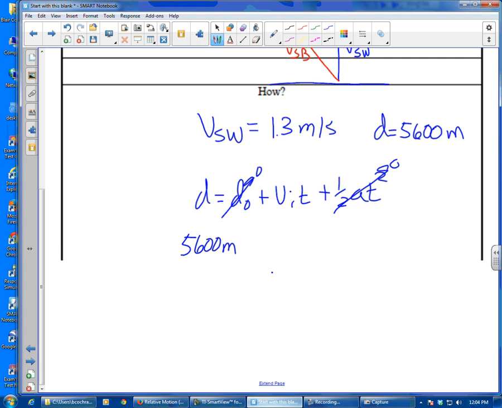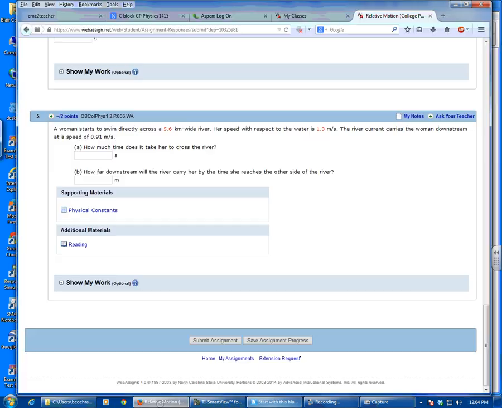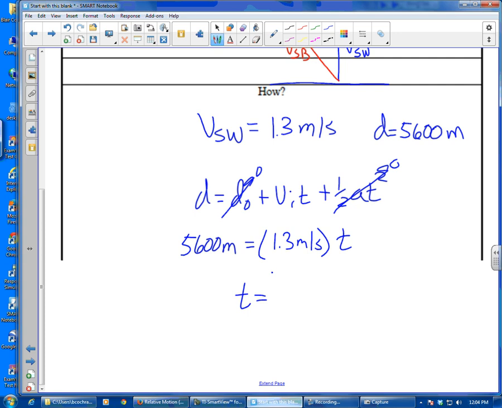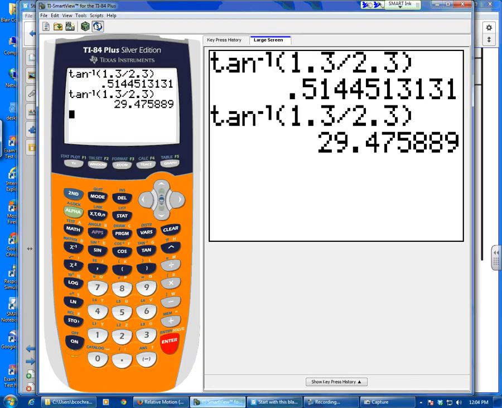You learned that in middle school. You know that. 1.3 meters per second. Next, figure out my time. That's what they want to know, right? So I'm going to go 5,600 divided by 1.3.